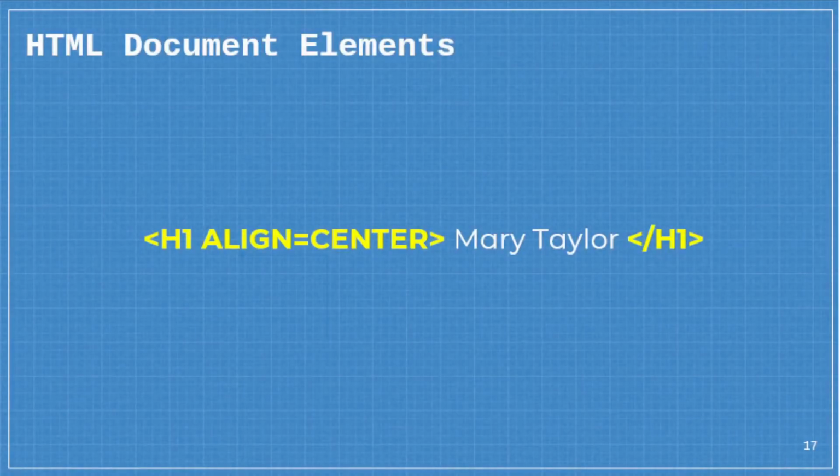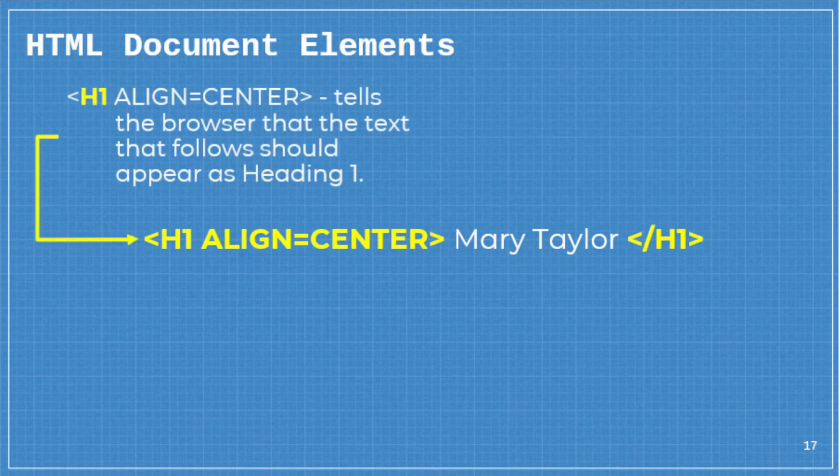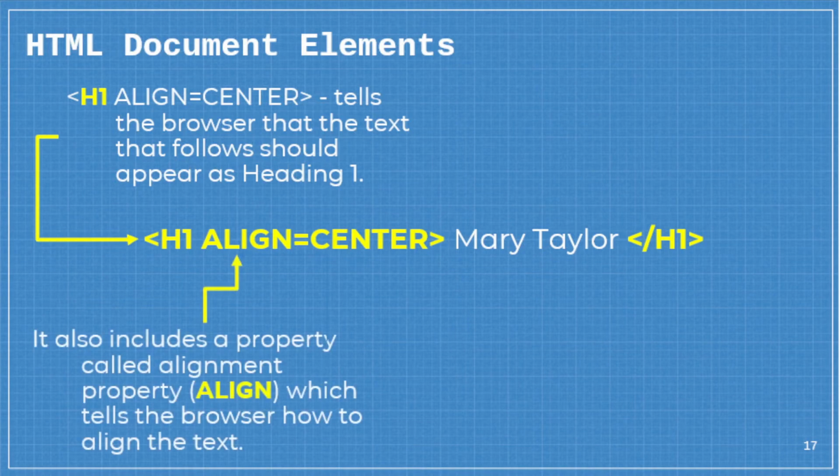So to further explain what this tag is all about, H1 align center is the opening tag. It tells the browser, basically, let's look at H1 first. H1 tells the browser that the text that follows this tag will be a heading size 1. Then align center is a property which tells the browser how to align the text.